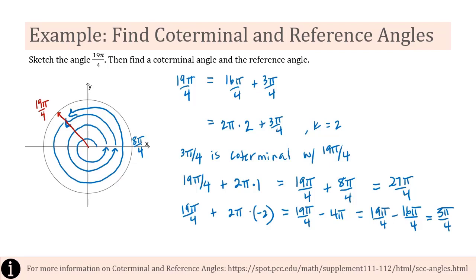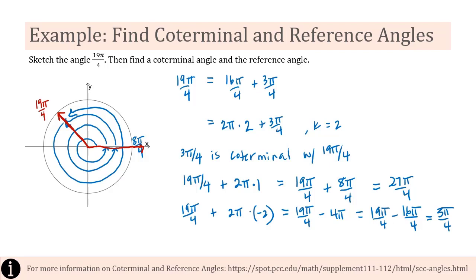Let's talk about the reference angle. The reference angle is the smallest acute angle between the terminal side and the horizontal axis. The terminal side of this angle we said was in the second quadrant. The initial side, if we're in standard position, is always going to be the positive x-axis.